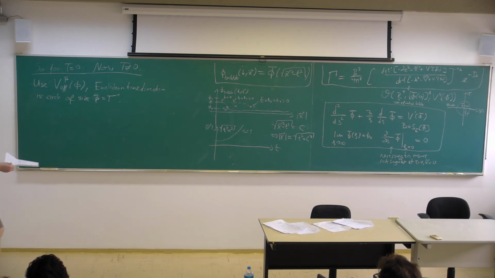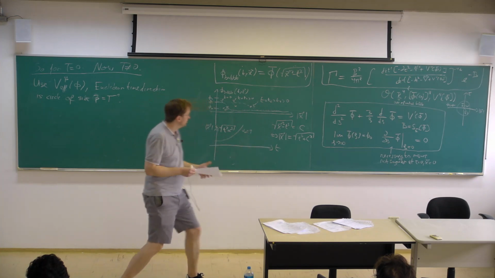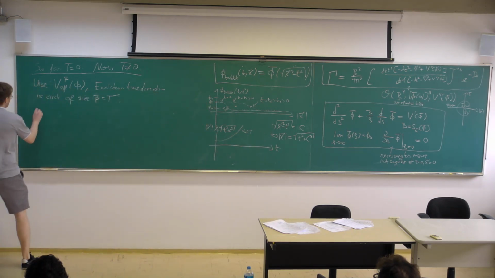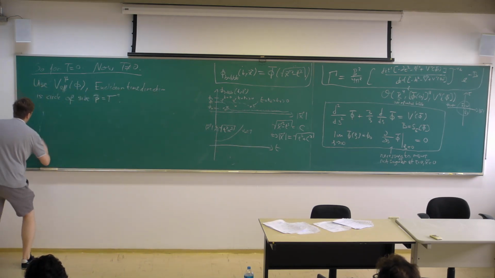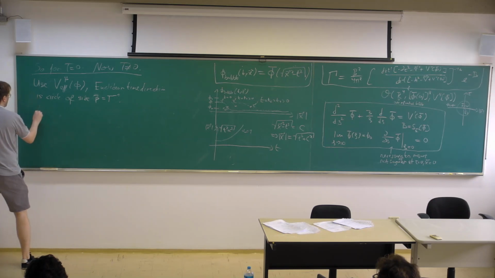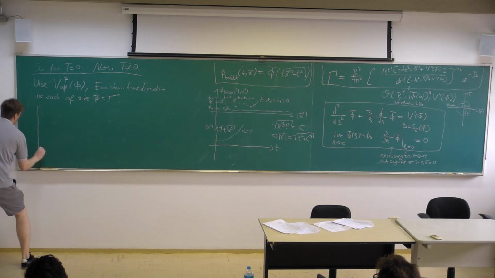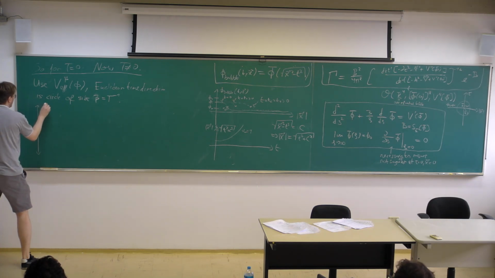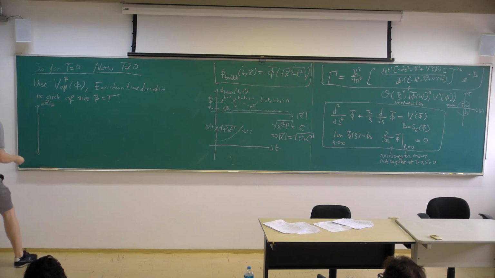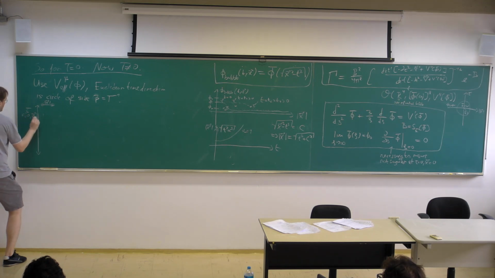And so I drew this picture, so let me draw this again. If you look at the instanton configurations, let's consider this compactified time direction, tau, going from 0 to beta.